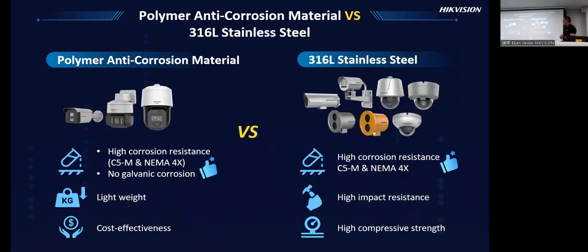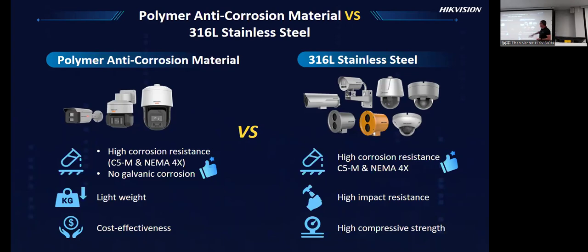Okay, cool. So here's our two models or two ranges of anti-corrosion. First up is the anti-corrosion one. Of course, we spoke about it in the polymer one. So firstly, it's lightweight, cost-effective. The 316 steel ones, this older generation, it is extremely heavy. Okay, firstly, it's very pricey.